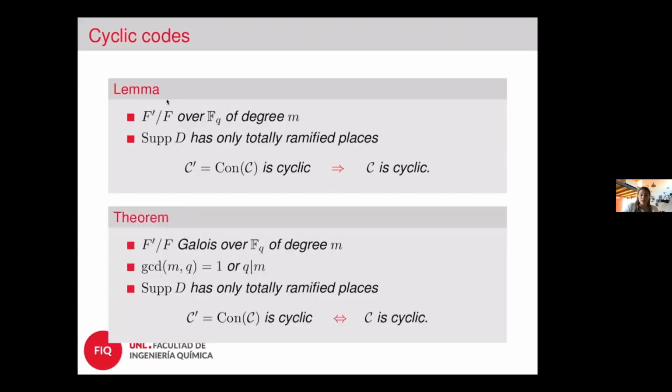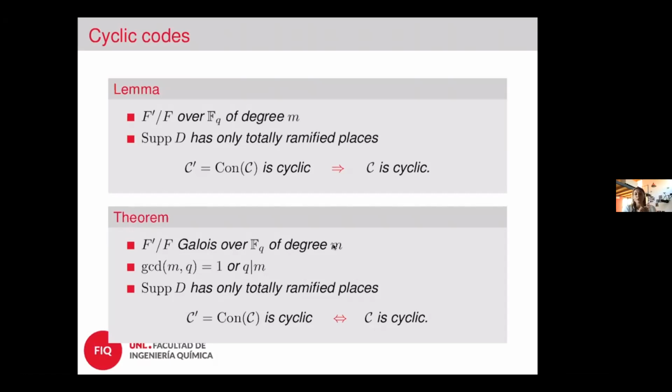And if I ask a bit more, that is, if F prime over F is Galois, and also if m is coprime with q, or if q divides m, and the support of D has only totally ramified places, then my new code, the conorm code, is cyclic if and only if the original code was cyclic.